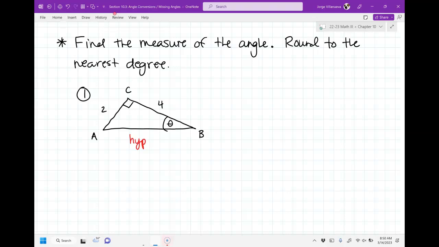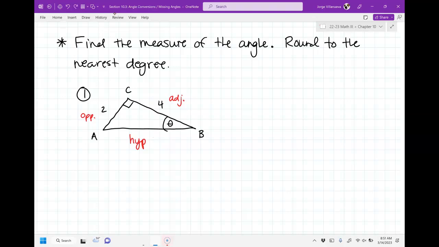Which side is my opposite to angle theta? 2, right? 2 is the opposite. So this has to be adjacent. Remember, how do I know that 2 is my opposite? It's the side that is not interacting with the angle, right? The angle has this side here and this side there touching it, right? Opposite does not touch the angle.